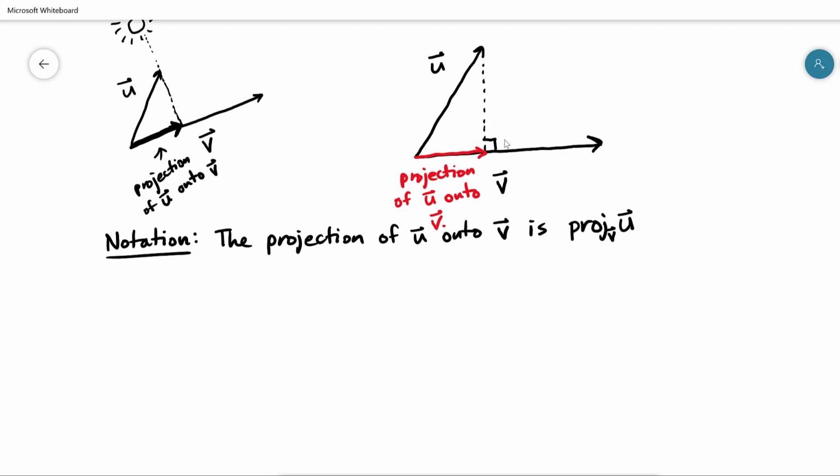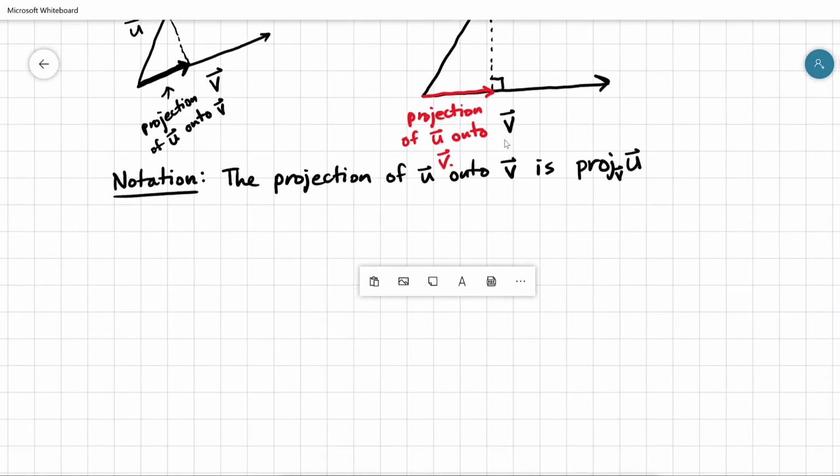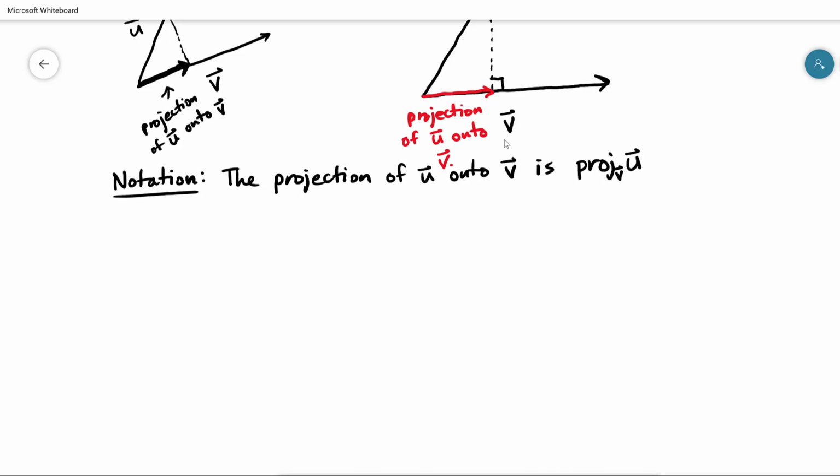So I want you to notice a couple of things about that vector, and we can figure out exactly how this all works. Let me just give myself a little bit of room.